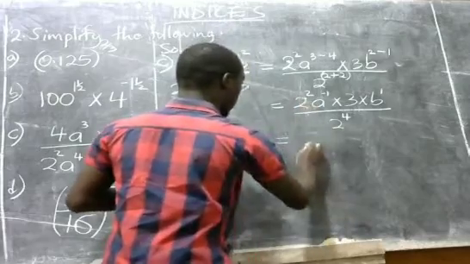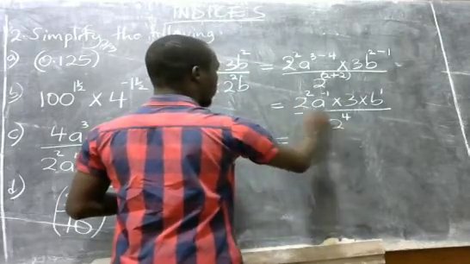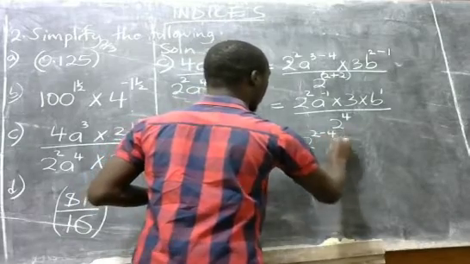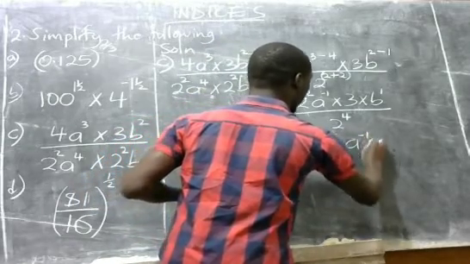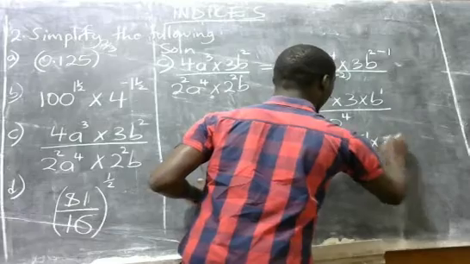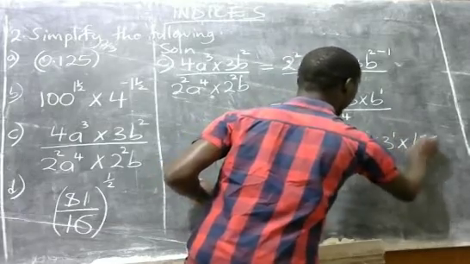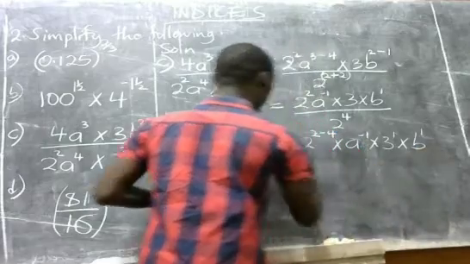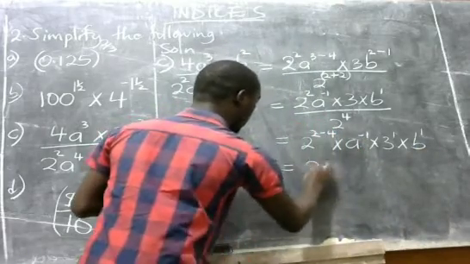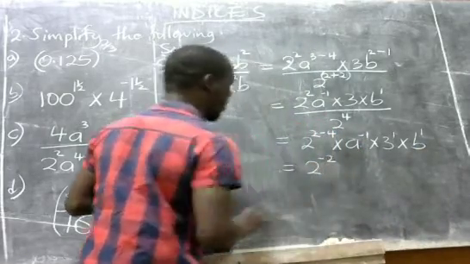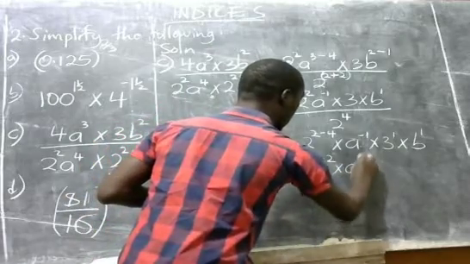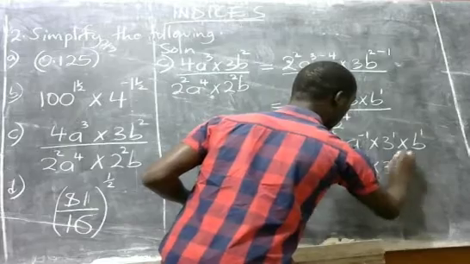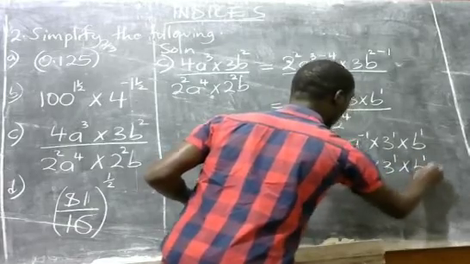The bases are the same, so I'm subtracting the powers. Then times the A power negative 1 times the B power 1, then times 3 power 1, then times B power 1. So this one here, when I subtract, is 2 power negative 2 times A power negative 1 times B power 1 times 3 power 1 times B power 1.